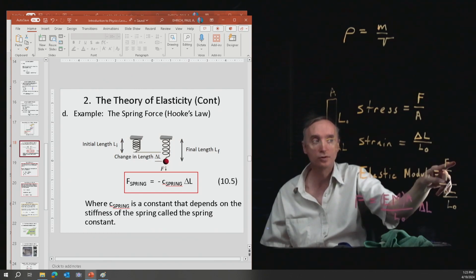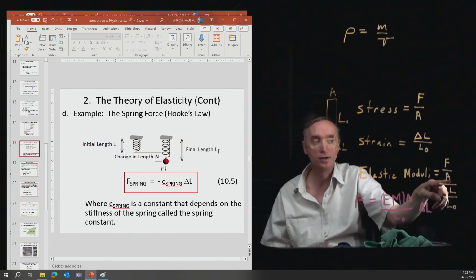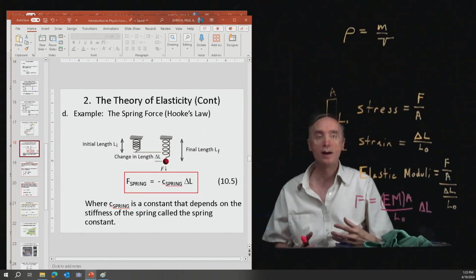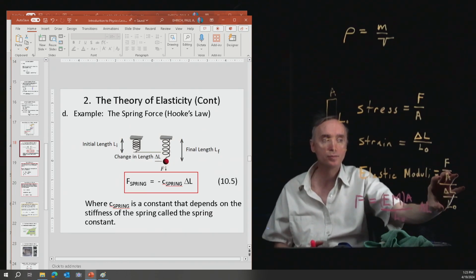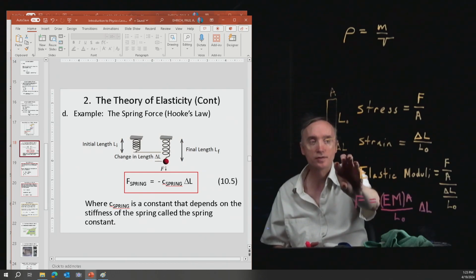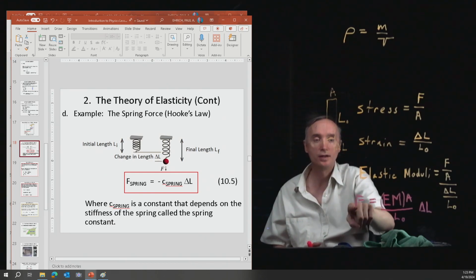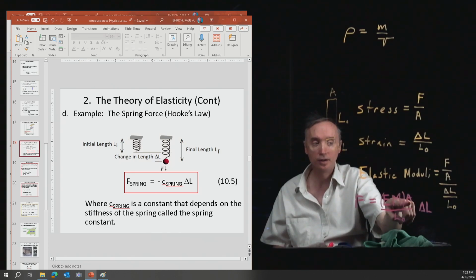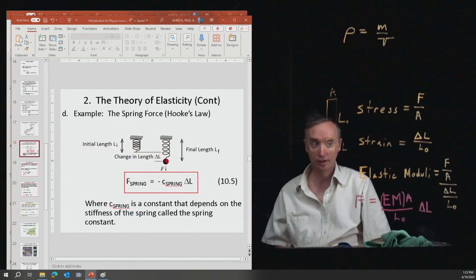So it's going to be force divided by area, divided by change in length divided by L sub 0. And now what I did was I rearranged it for F. So I took all of this material and I put it on this side of the equation so that the force that I apply is going to be equal to the elastic modulus, EM, times the area, divided by the original length, and then times the change in the length.